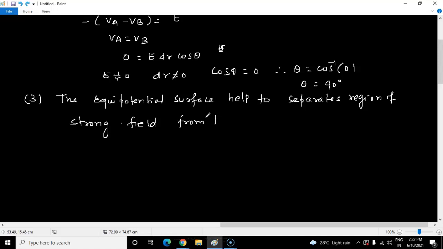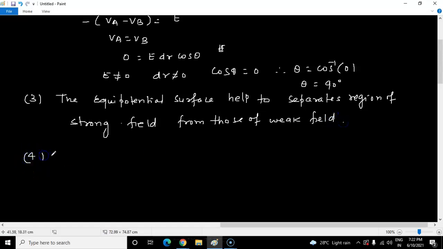That makes the strong and weak field regions separate, because the electrostatic potential defines the equipotential surface.